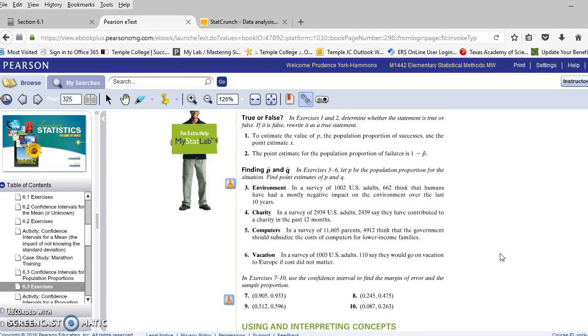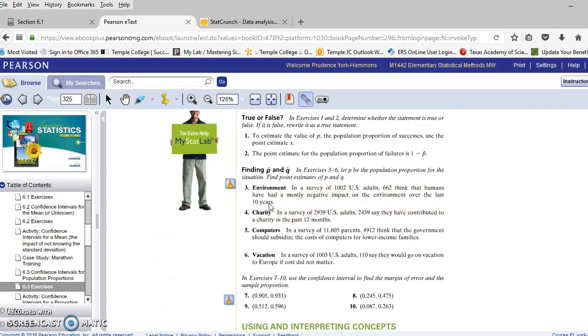I'd like to look at a few examples from the exercises for Chapter 6, Section 3 that begin on page 325 in your text. So let's look at number 3. It says, in a survey of 1,002 U.S. adults, 662 think that humans have had a mostly negative impact on the environment over the last 10 years.